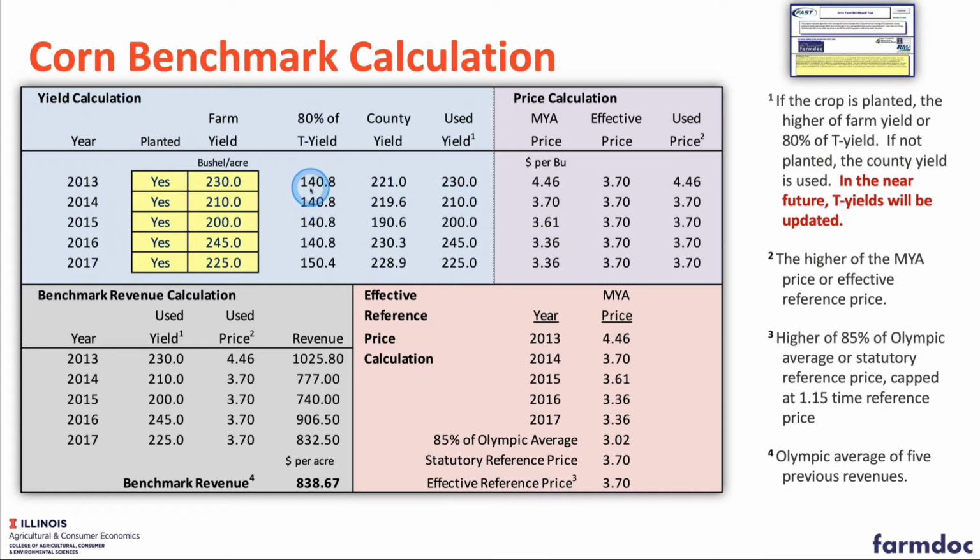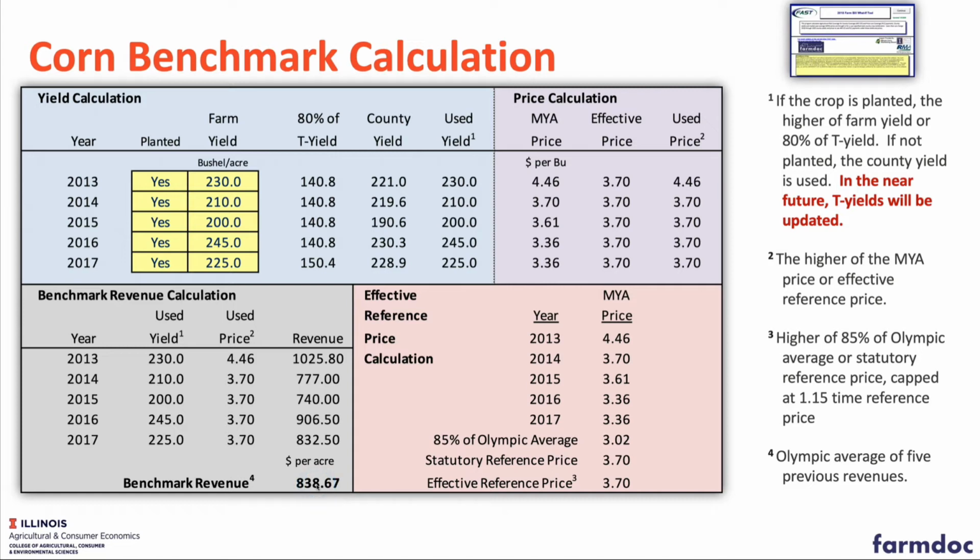Also, if your farm yield is below 80% of the T yield, the T yield will be used. This T yield and this county yield are county specific, and that's why you have to enter your county, the location of the FSA farm. So given that, this farm has an $838 benchmark revenue.